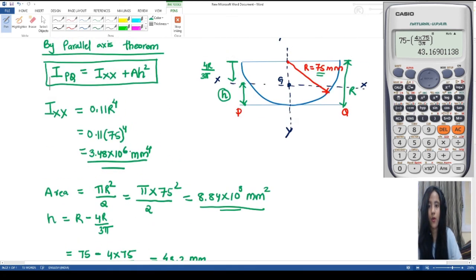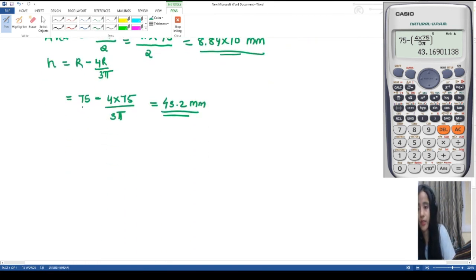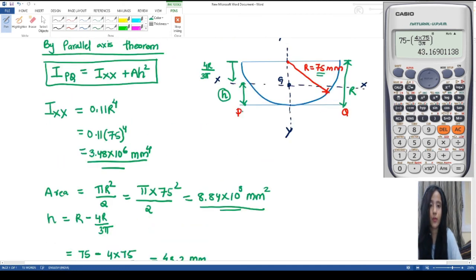So we have all the required values. Now let us find the moment of inertia. We are asked to find moment of inertia about this line PQ.